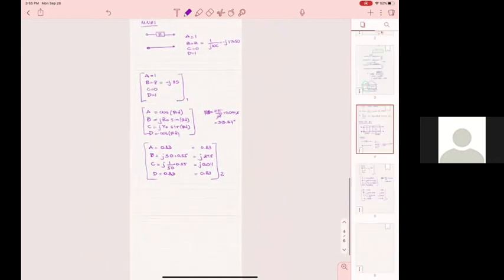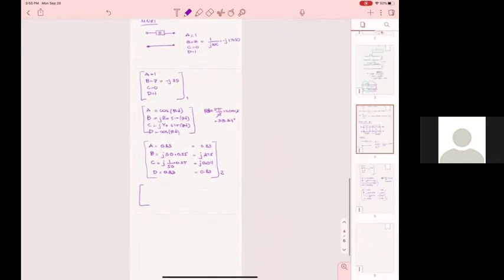And then what do we do to find the total ABCD matrix? We multiply the two matrices. So 1, minus j850, 0, 1 by 0.83, j27.5, j0.011, 0.83.